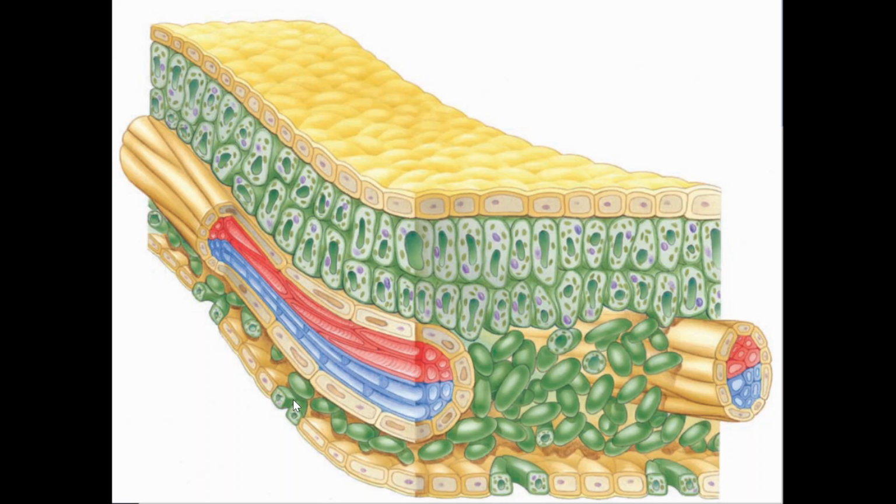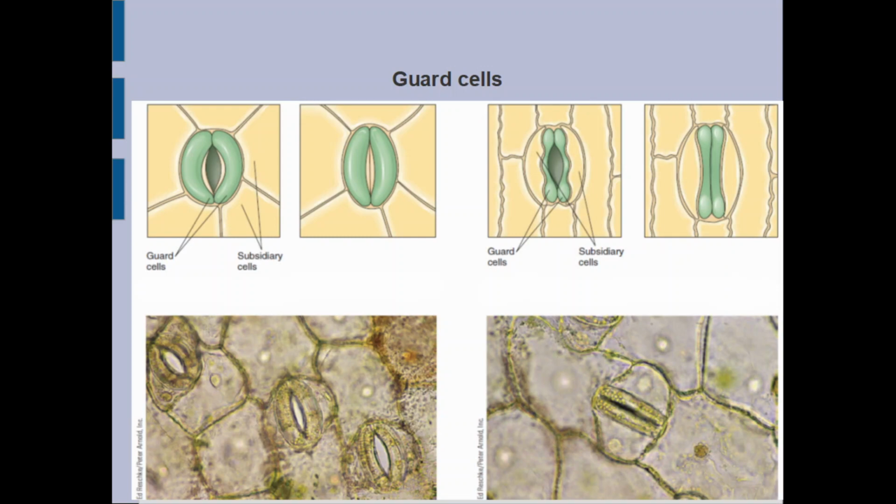So these are the main tissues that are typical for the leaf.